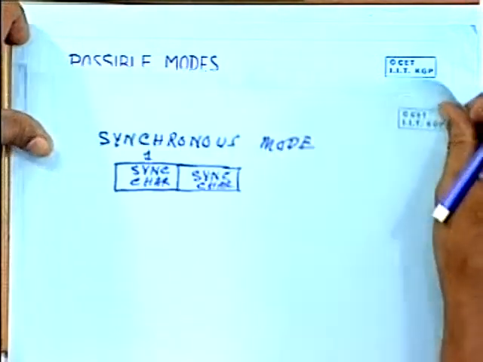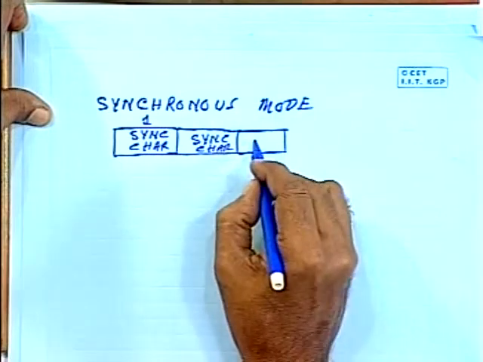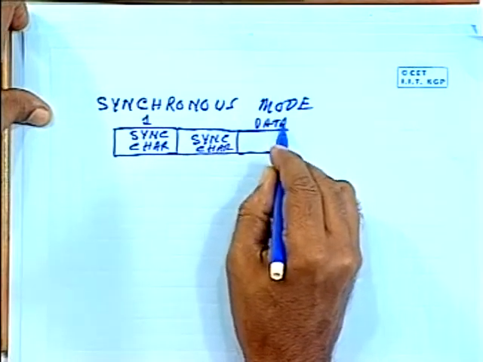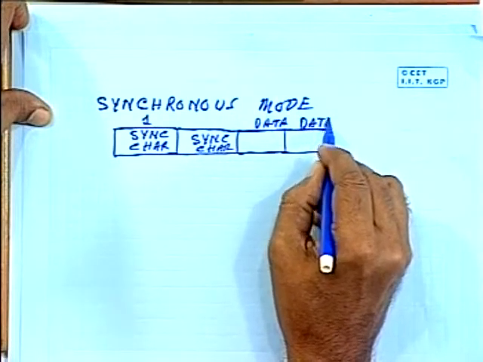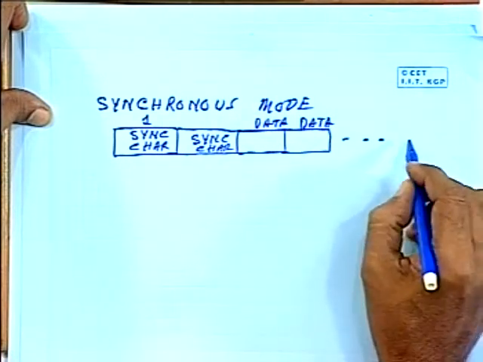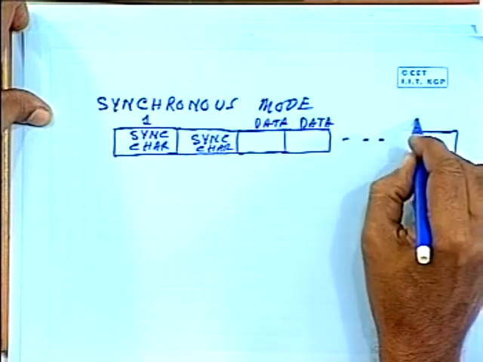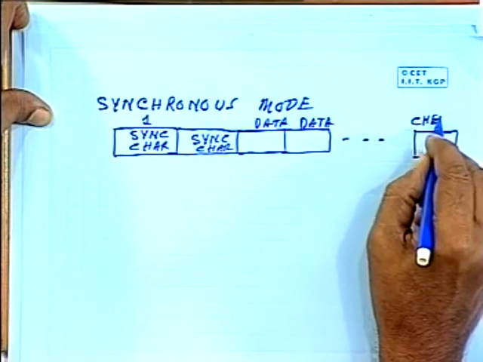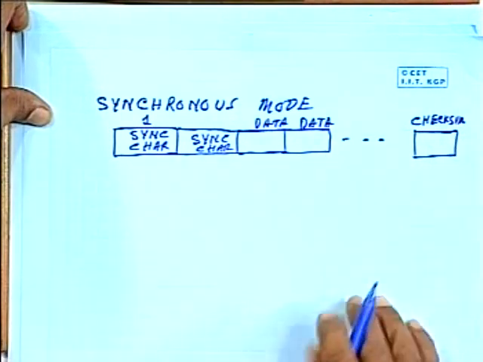After that, you will keep on sending data characters without any extra bits. And at the end, you may send some checksum for error detection, if necessary, or it may not be there.